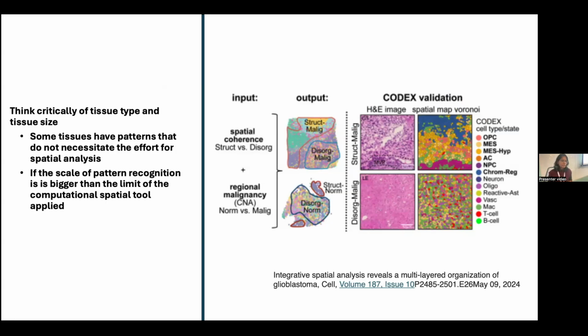In this case, what they have identified is that you have GBM tissue and you can collectively divide it into two different types of patterns. One is organized and one is disorganized. This is where the concept of scale comes in. Theoretically, all these algorithms will be able to pick up a domain that is heterogeneous, and it will just form one big cluster.